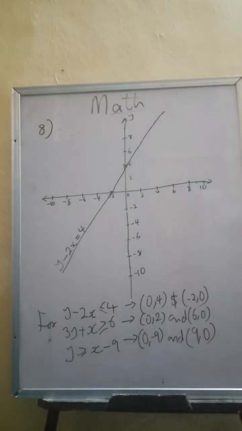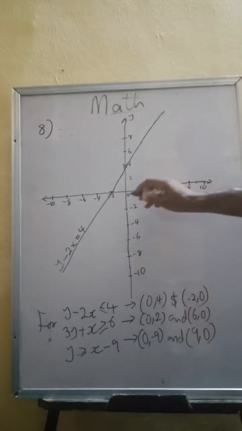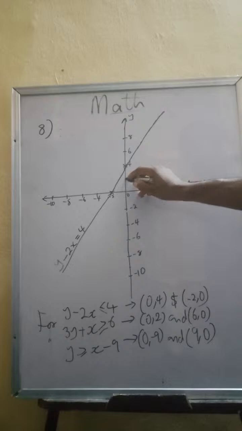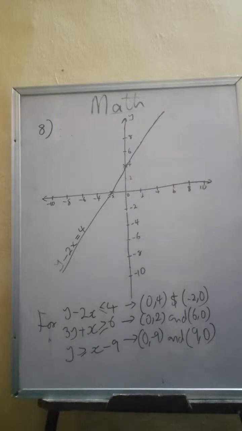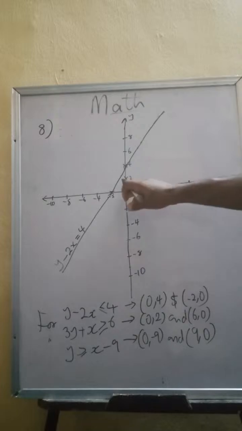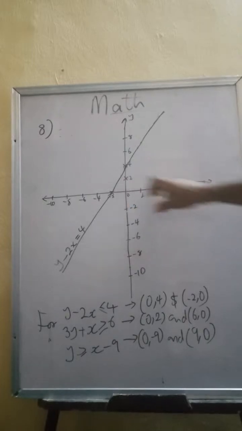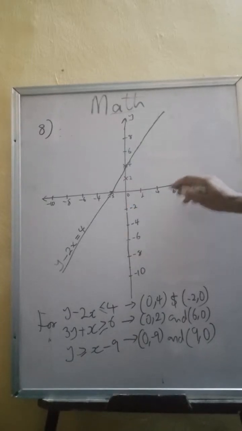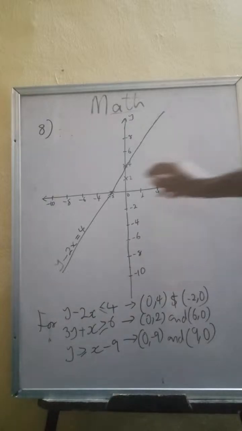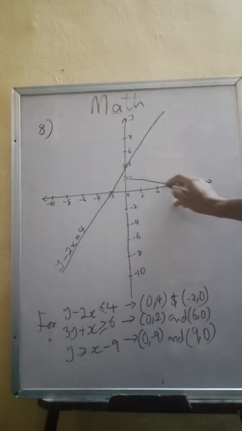The second, you have 0 and 2. When x is 0, y is 2. So that's this point. And when x is 6, y is 0. That's this point. So draw the solid line, and we have this.